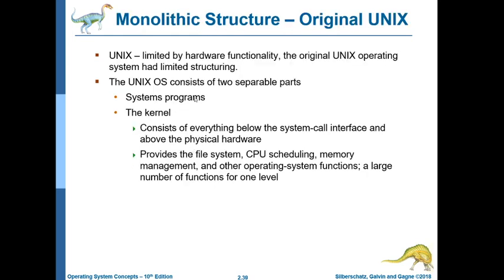Now, the original Unix is what we call a monolithic structure. It can be separated into parts, basically system programs and the kernel. The kernel itself consists of everything below the system call interface and above the physical hardware.